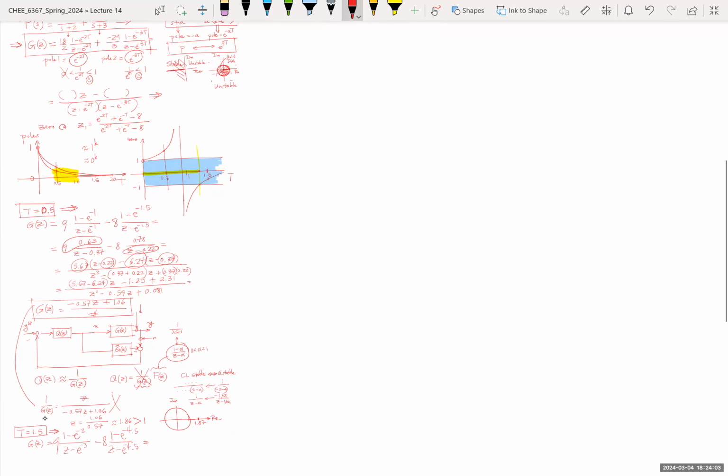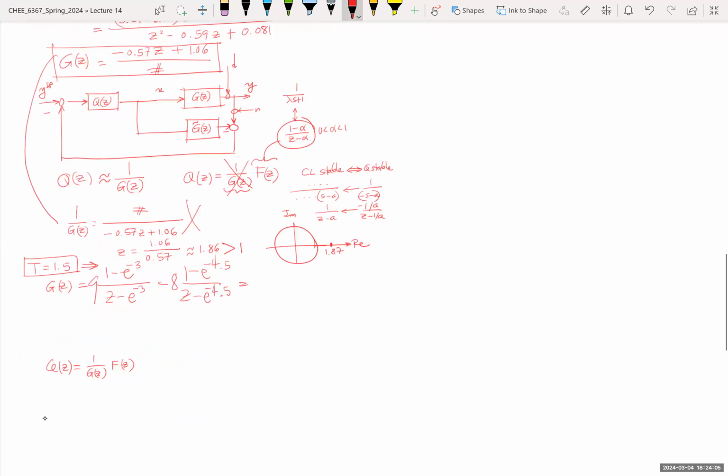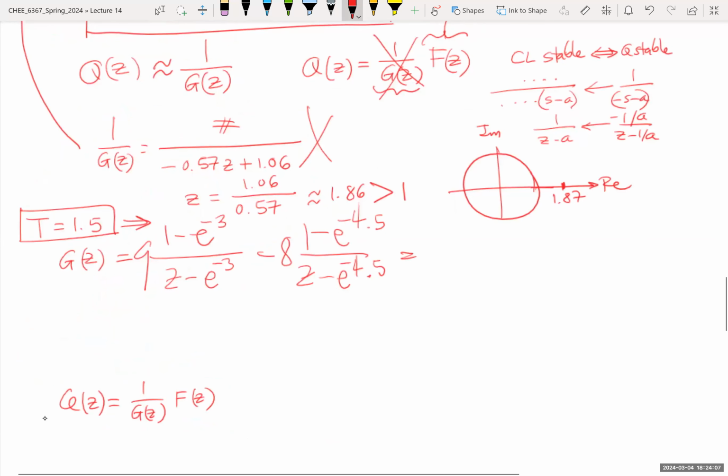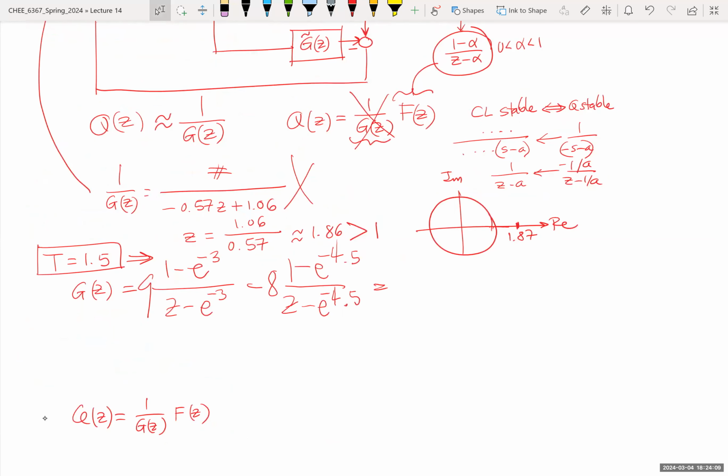So this is going to be, let's go down now together. Help me with the calculations. So this is 9 multiplied by, what is e to the minus 3?